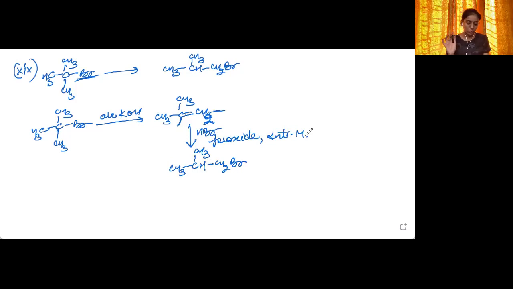If it were Markovnikov's rule, the positive part of the addendum would go to the carbon having the greater number of hydrogen atoms. That is, H positive would go to this carbon atom, but we need H to be at this other position. So we need the peroxide effect, or anti-Markovnikov's rule.